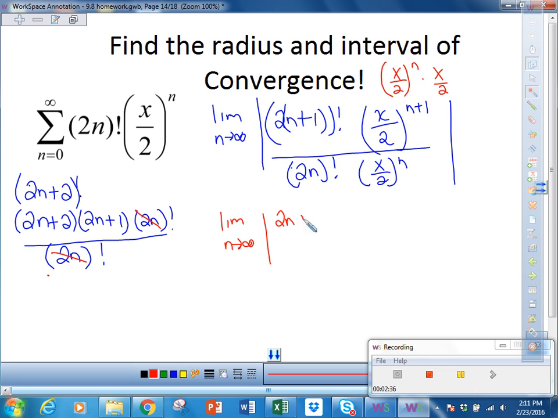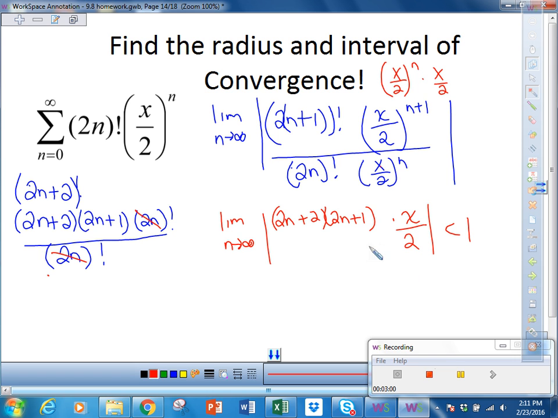So we have 2n plus 2 times 2n plus 1. The x to the 2n cancels, and I have x over 2, because this x to the n over 2 to the n cancels with that. All right. So is everybody with me?